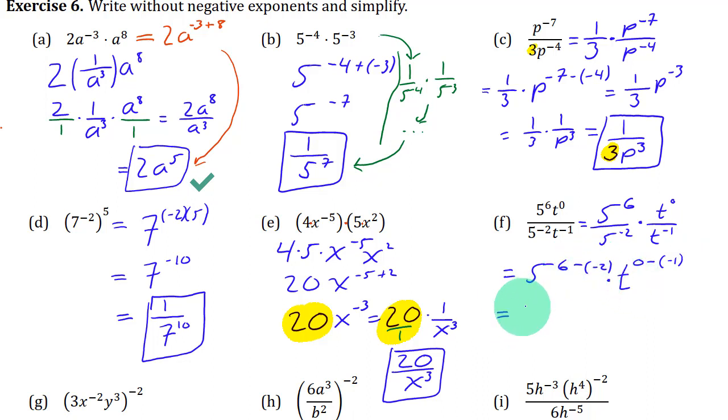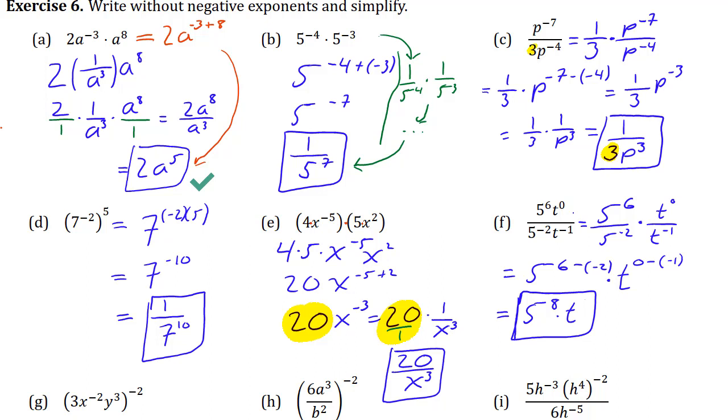And 6 minus negative 2 is 8, so that's 5 to the power 8, and t to the power 1, or just t. So we're basically treating the part with the 5s and the parts with the t's separately.